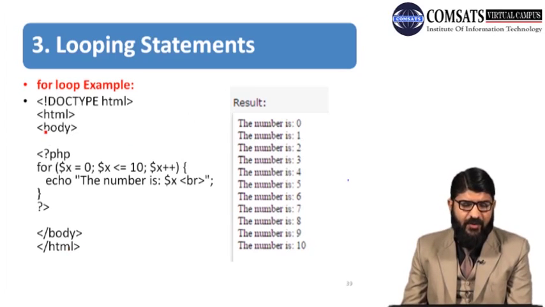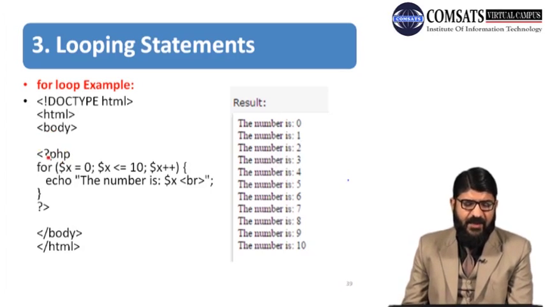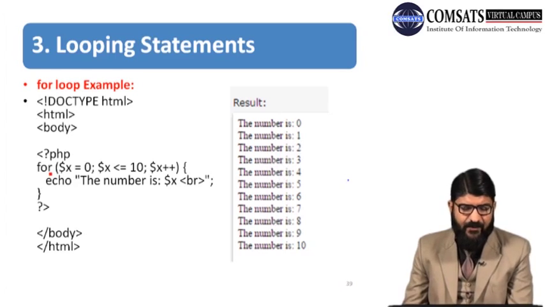Now the output of the for loop. Here you have seen the document type is mentioned, the HTML start tag is mentioned, the body tag is static, and then the PHP start tag is mentioned, and here you can see the for loop is applied.